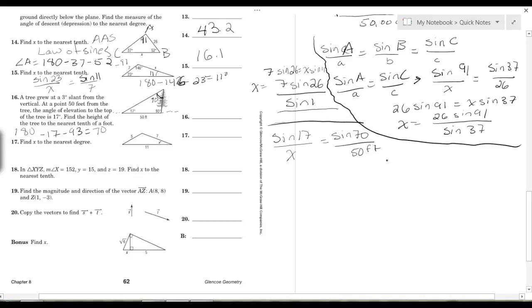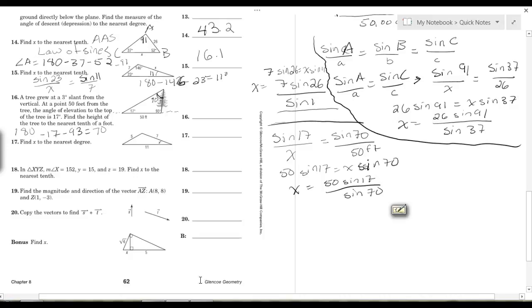I'll cross multiply. I get 50 sine of 17 equals x sine of 70. Divide both sides by sine of 70. So I end up getting x equals 50 sine 17 over the sine of 70.